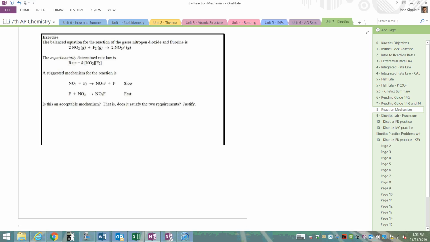Second order. How do I know it's second order overall? These are each first order, so the overall order is equal to 2. You add the exponents together.